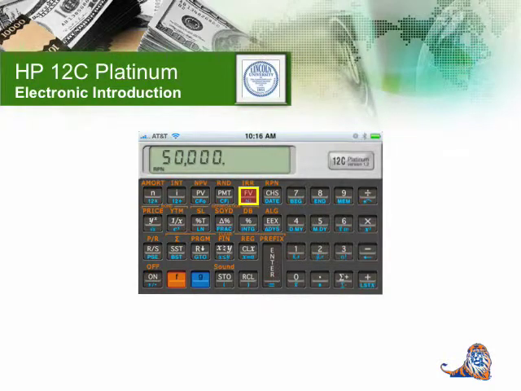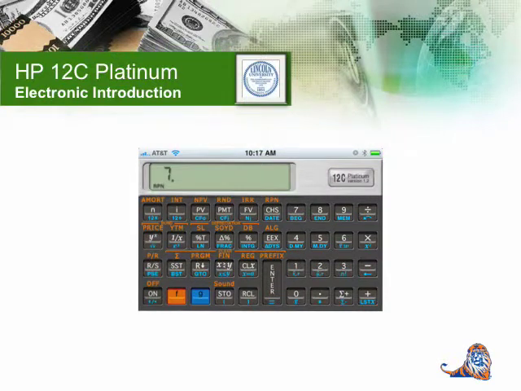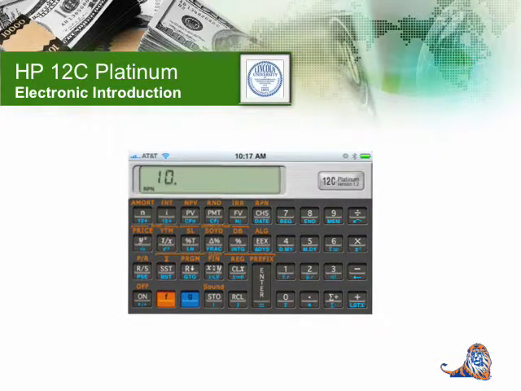Next, we have our interest rate, which was 7%. So we enter the number 7 followed by the interest key, which is I. Alright, next we know our period was 10 years. So we enter the number 10 followed by the N key, which represents the number of years. So, next what will we do?